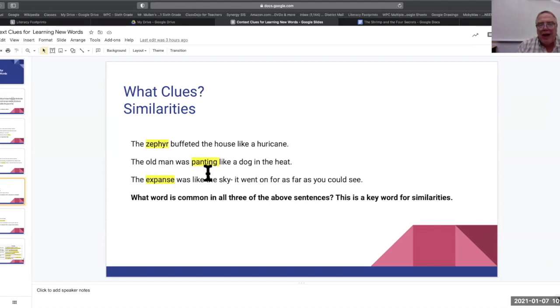The old man was panting like a dog in the heat. The expanse was like the sky. It went on for as far as you could see. Now, there's one word in all three of these sentences that shows up every time.